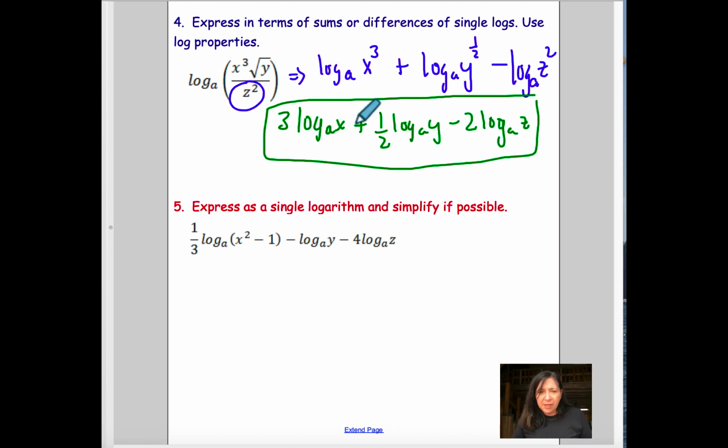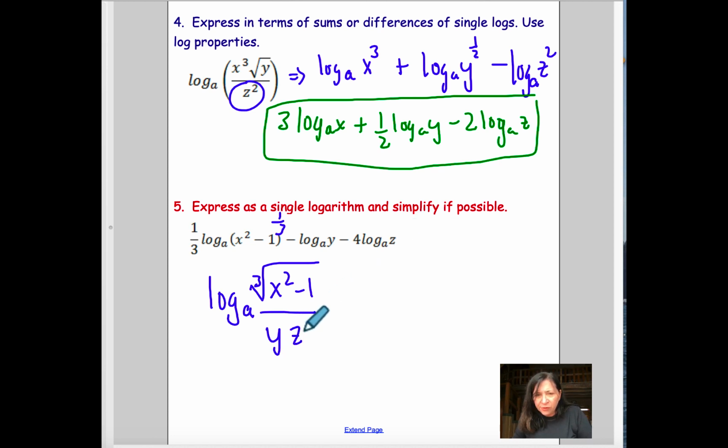And this problem here is taking this whole thing and asking you to make this into a single logarithm. This 1/3 actually goes to this value here. So let's see, we've got all of them are log base a. So we have x squared minus 1, and that's to the root 3 power, minus, so that means we're dividing, log base a of y, so that's just y, and minus, again we're dividing, log base a of z to the 4th, so z to the 4th.